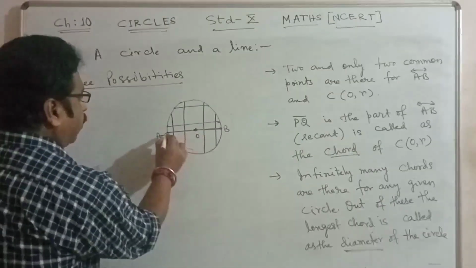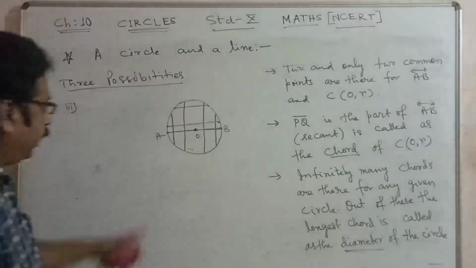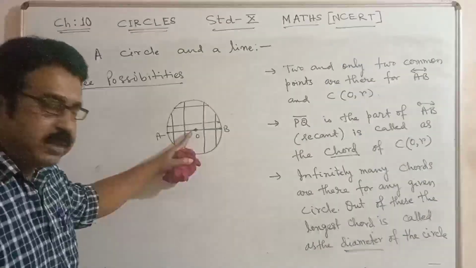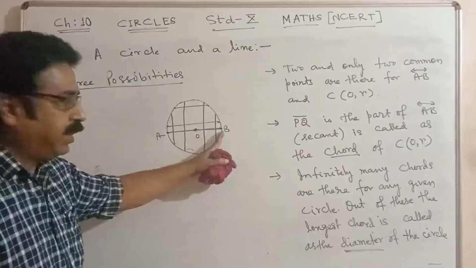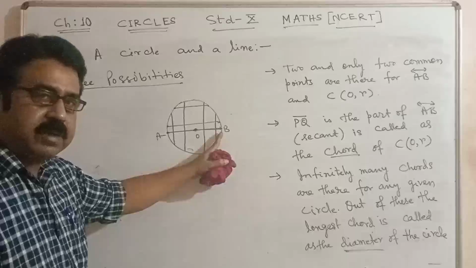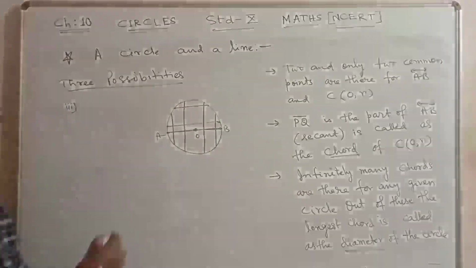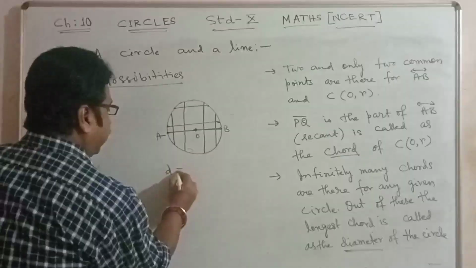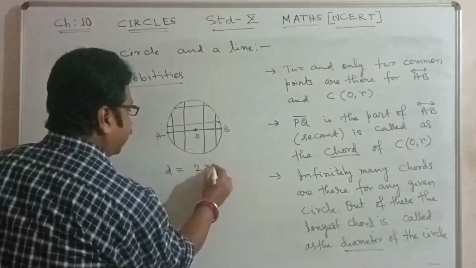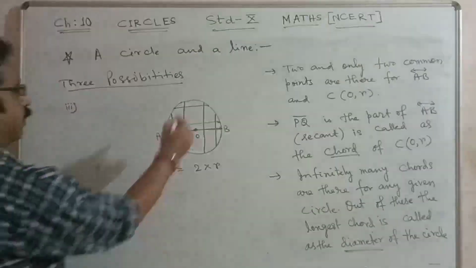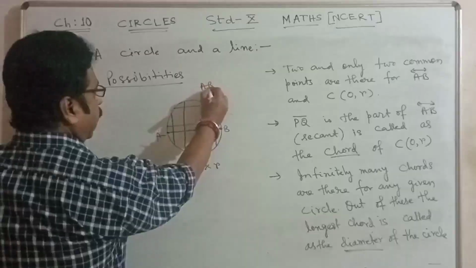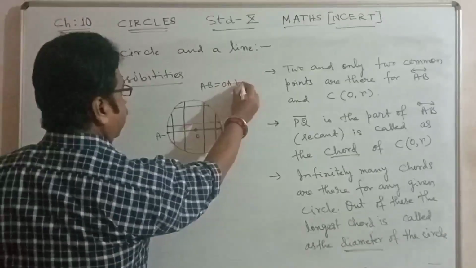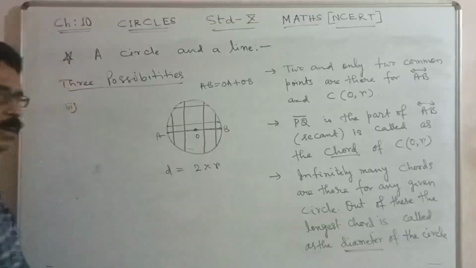Say O to A, this much length is the radius of this circle, and O to B is also the radius of the circle. Then we can write, this is the diameter. Diameter means 2 times the radius, because AB means OA plus OB.